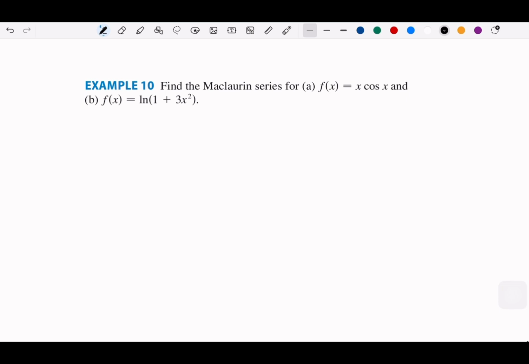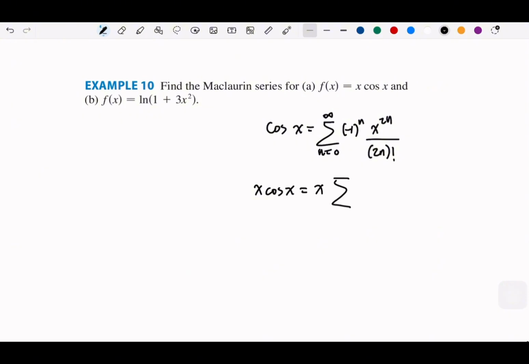We know in Maclaurin, the cosine x is that, right? And basically the x cosine x is we multiply x with this series.